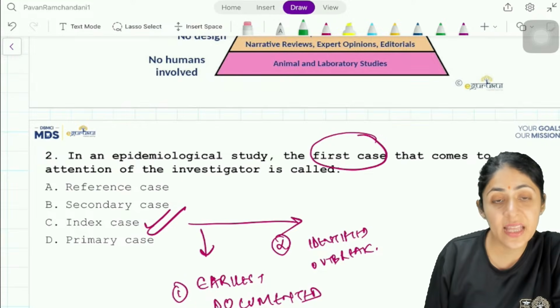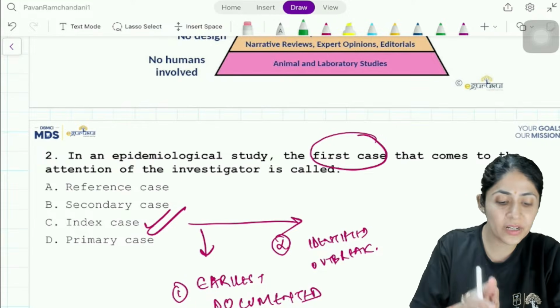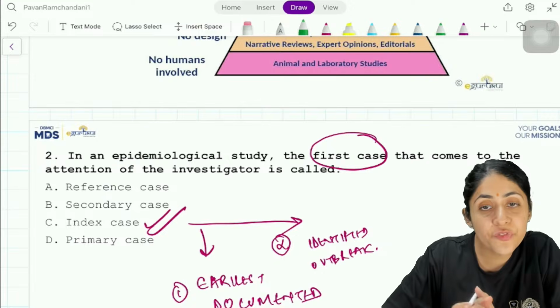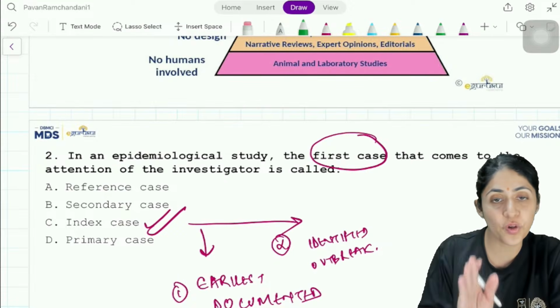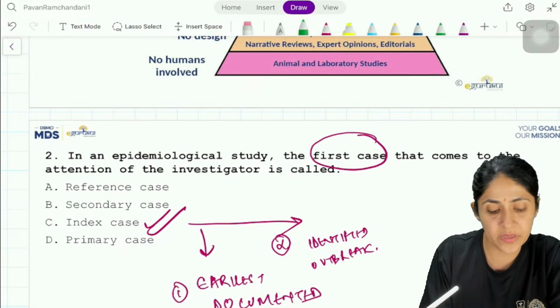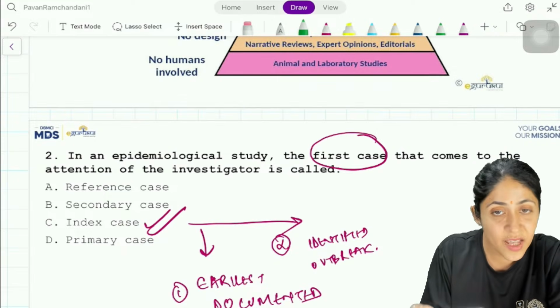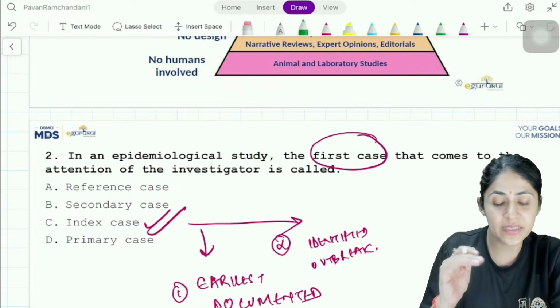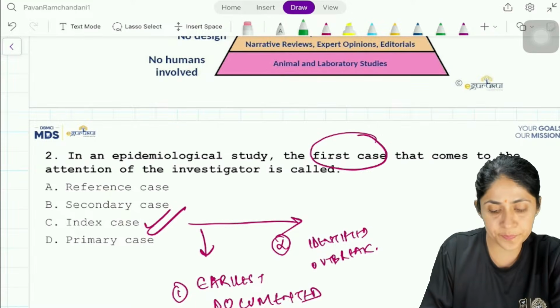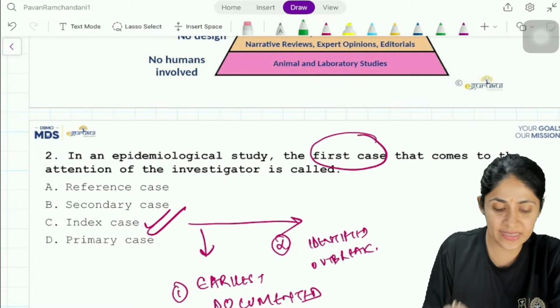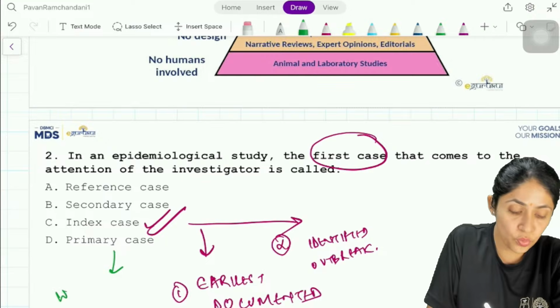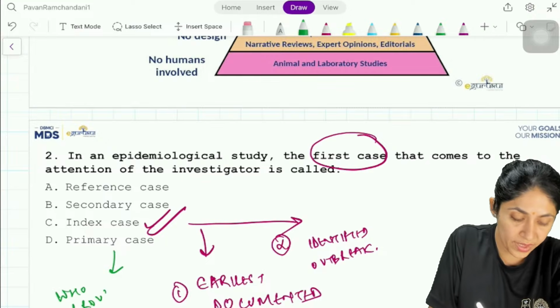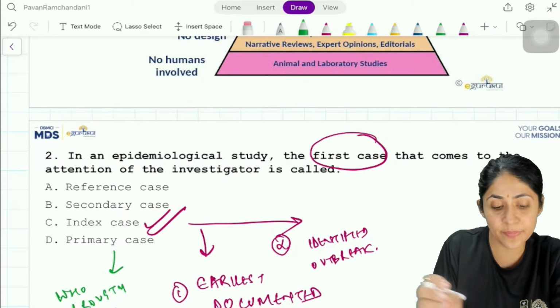Secondary cases are people who have come in contact with the primary case. First, let's understand what the primary case is. The primary case is the first individual who brought the infection. The first you document is the index; the primary is who brought the infection. Like, suppose the first COVID case is the primary case.